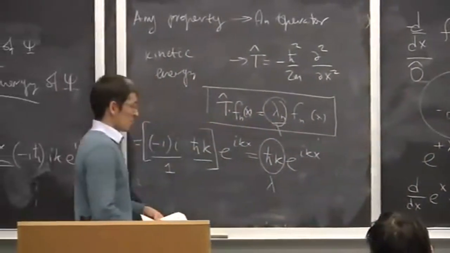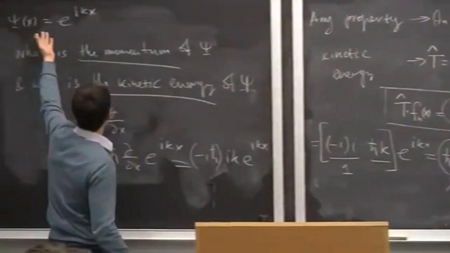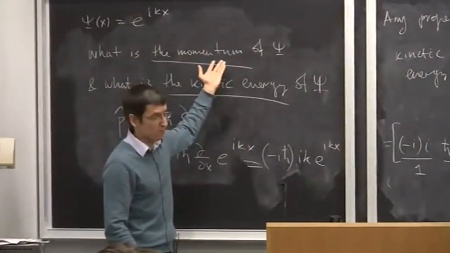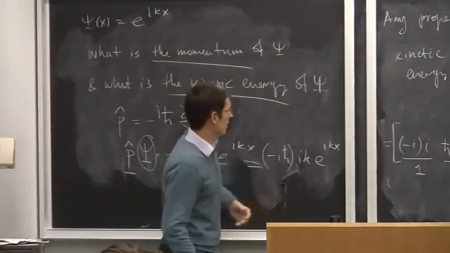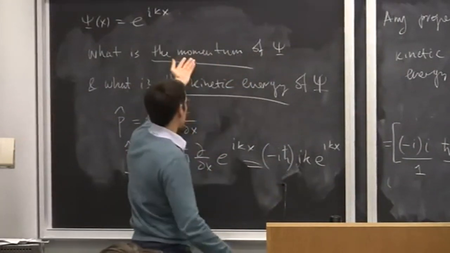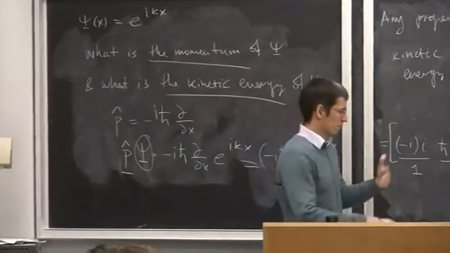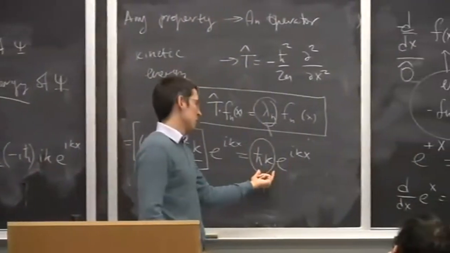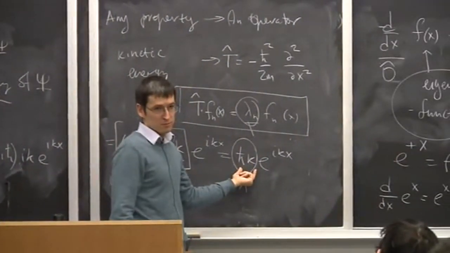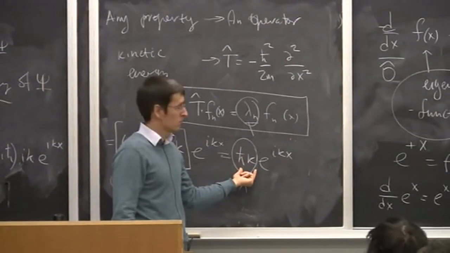And so if we take this function and measure momentum, we've just shown that it is an eigenfunction of the momentum operator. Therefore, according to quantum mechanics, this will be the result of the measurement. Okay, very simple.